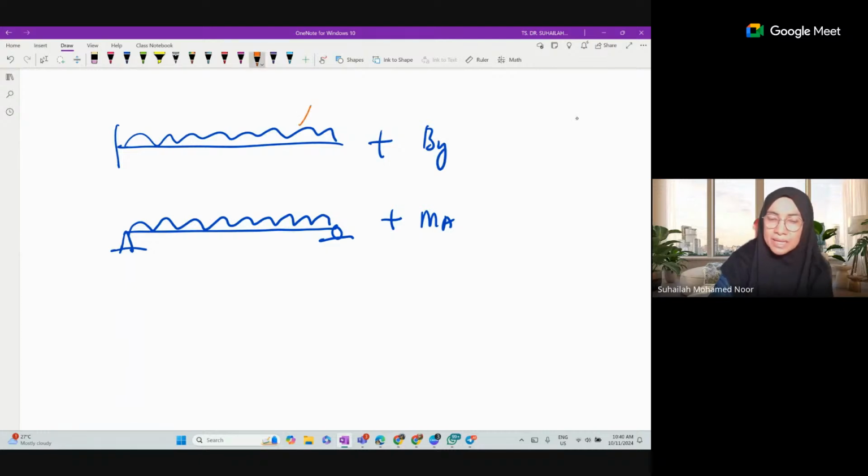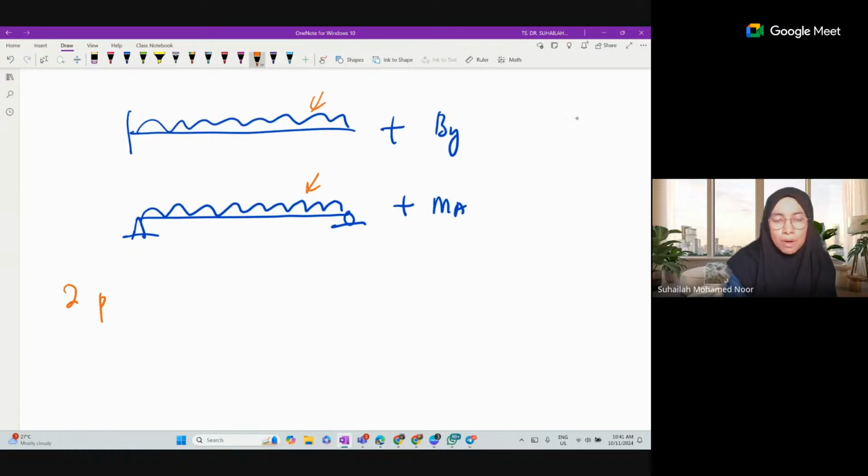The first one is a cantilever beam, the second one is a simply supported beam. Both are determinate and stable. So we call these two diagrams, cantilever beam and simply supported beam, two possible primary structures.